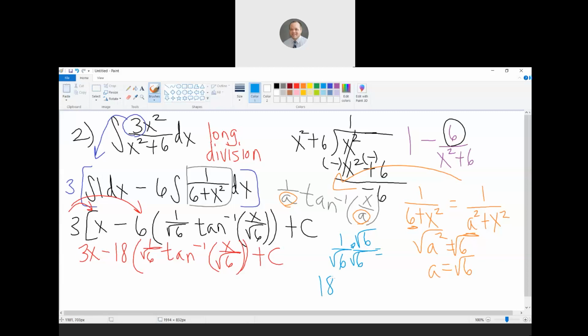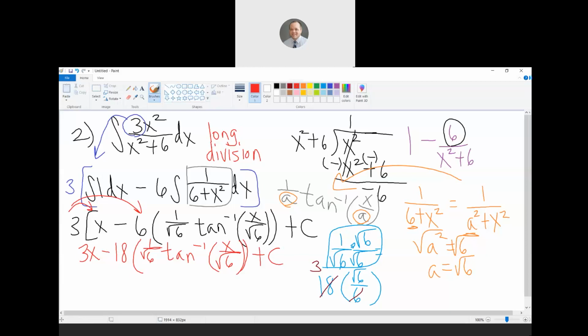So I'll bring the 18 down. And this simplified to now square root of 6 over 6. The last little bit we can simplify is 6 can go into 18 three times.